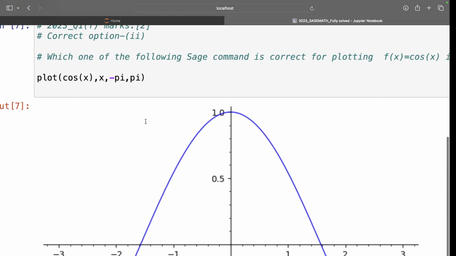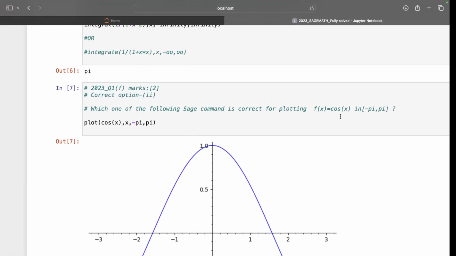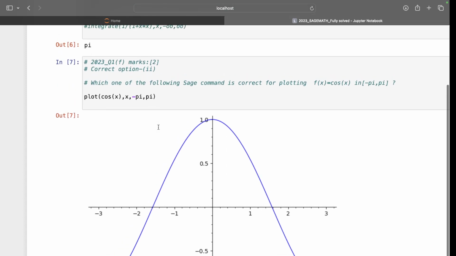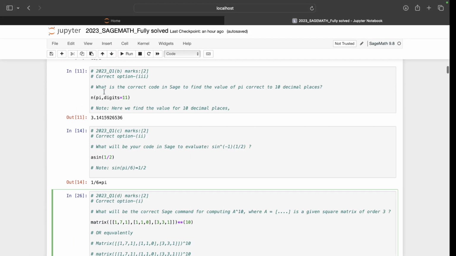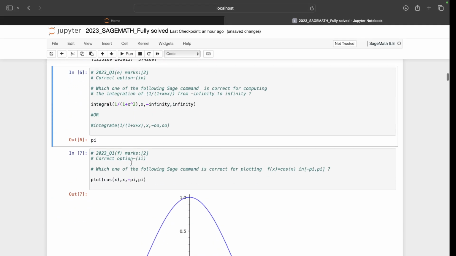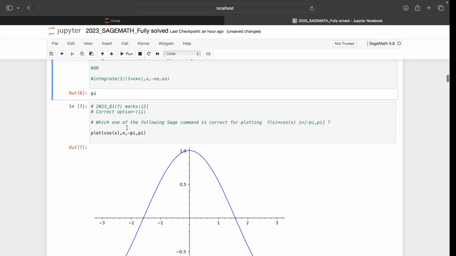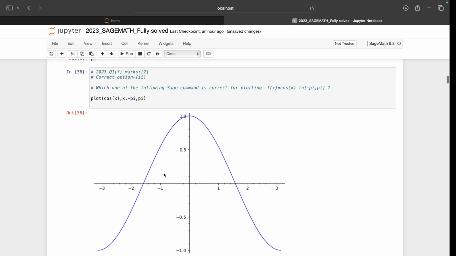The plot command: plot, within first bracket, cos x comma minus pi to pi, and run this problem, so you get this picture.